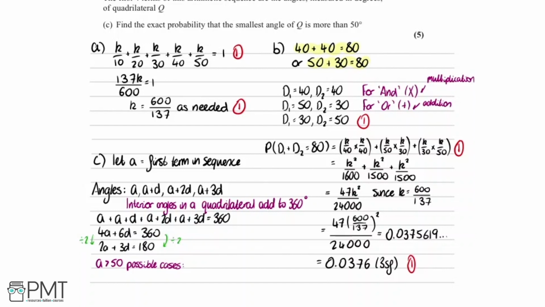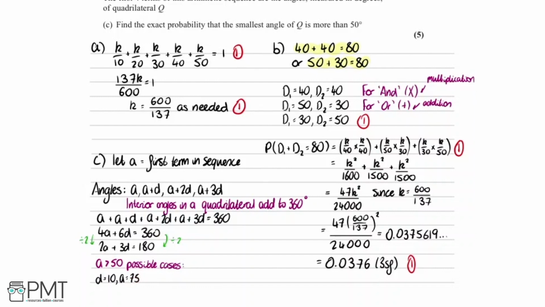Then we're going to look at the possible cases. A could be anything, but D could only be 10, 20, 30, 40, or 50, as in the distribution at the top. If D equals 10, we'd have 10 times 3, so 30. Then 180 minus 30 gives 2A equals 150, and dividing by 2, A is 75. That works with our condition, because A is greater than 50.